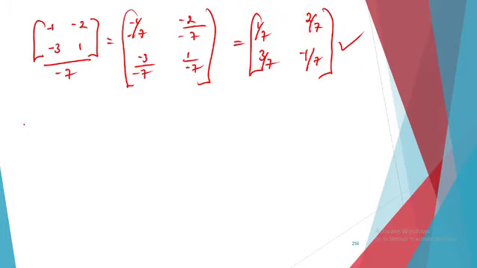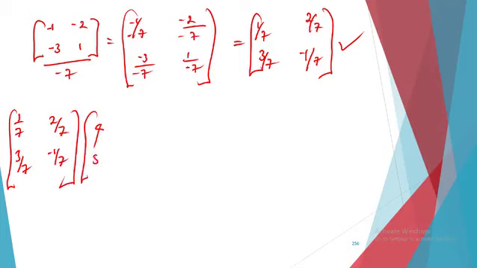Therefore we'll have 1 over 7, 3 over 7, 2 over 7, minus 1 over 7 into 4, 5. Okay, then we'll have, you know how we multiply that, right?